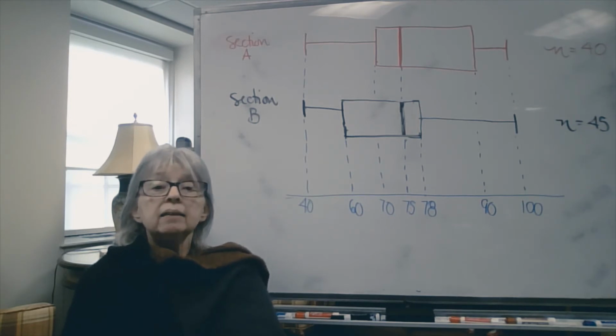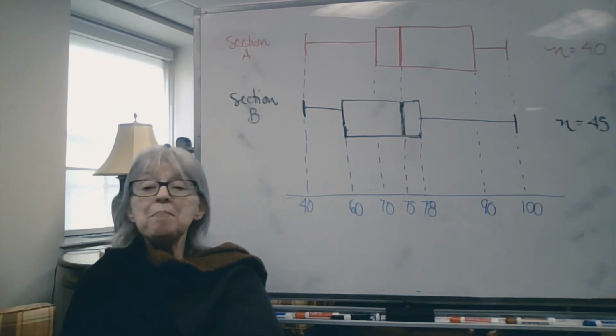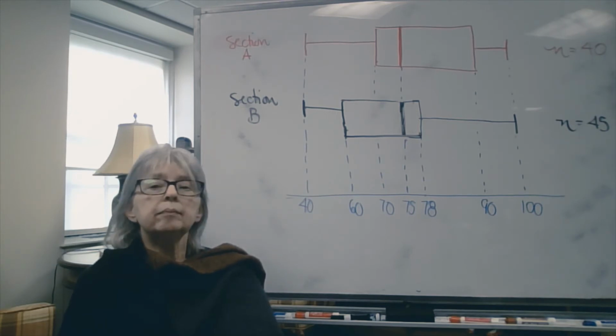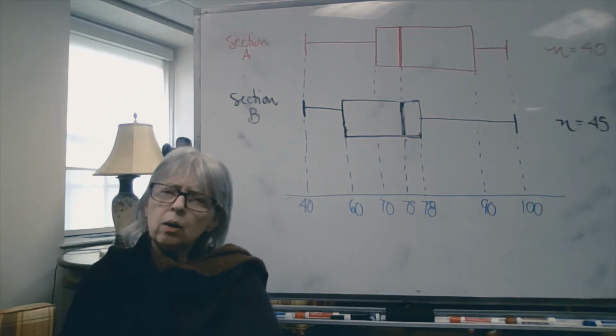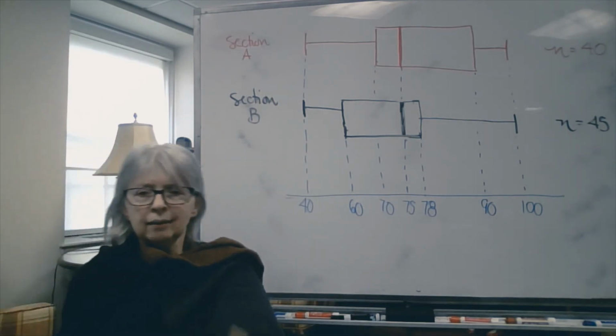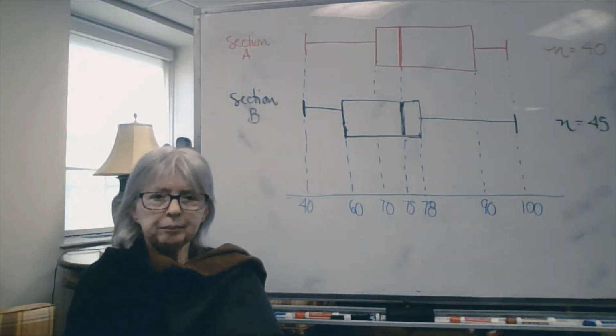Section A is skewed left. That means that I know the mean is less than 75, because 75 is the median. Now, how did I know that this was skewed left? Because I have a long left whisker.